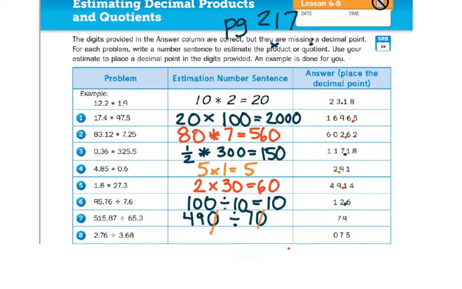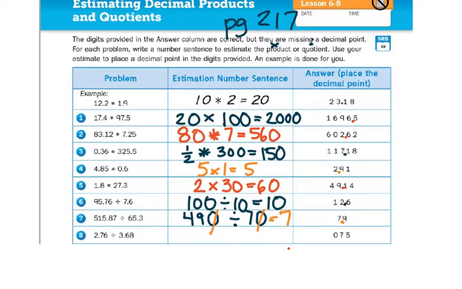Watch, this 0 cancels out this 0. So 49 divided by 7 is 7. Where am I going to put my decimal point so it's closest to 7? Between the 7 and the 9 to get 7 and 9/10.